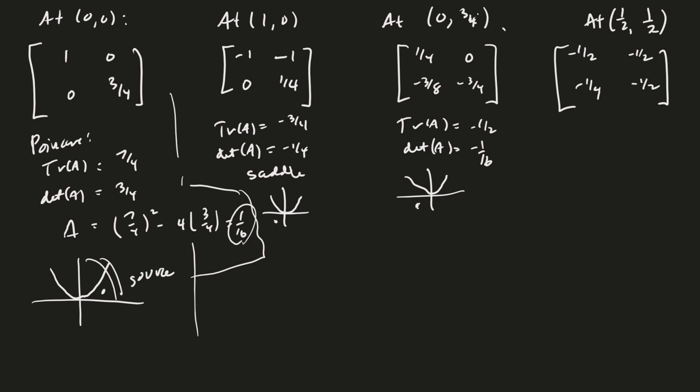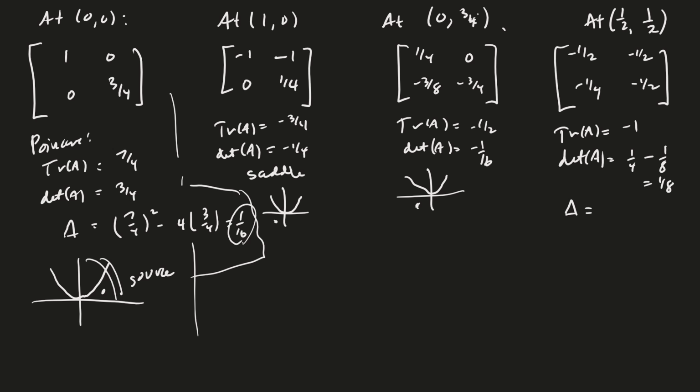And then (1/2, 1/2) is our last one. And so our trace, determinant. Trace is -1. Determinant positive 1/4 minus 1/8 is equal to 1/8.